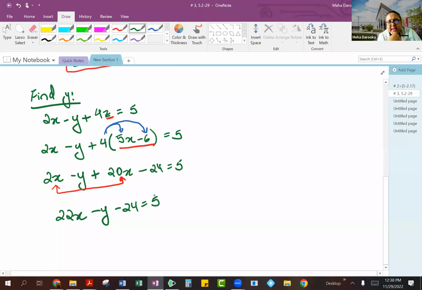So what are you guys getting for just y when you get y by itself and move everything else to the other side? Yeah, Della, your answer looks good. Very nice. So clean that up. And what does your y value come out to be?